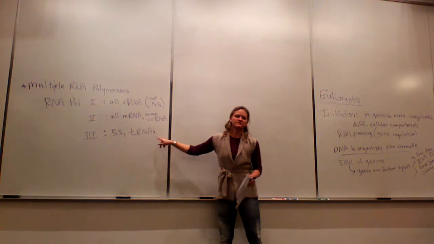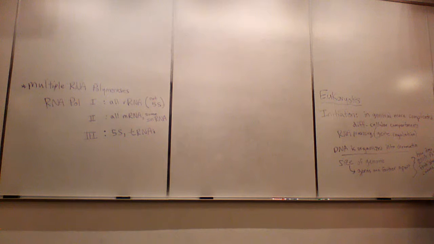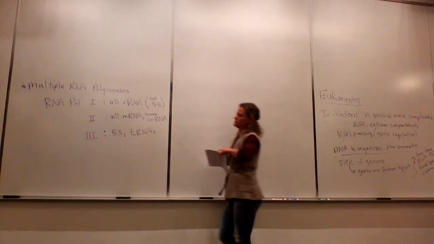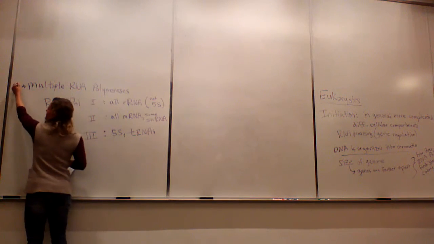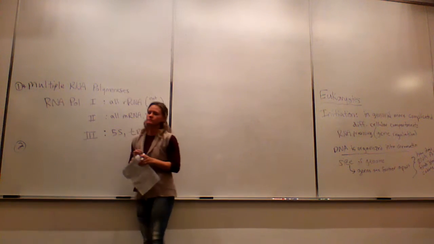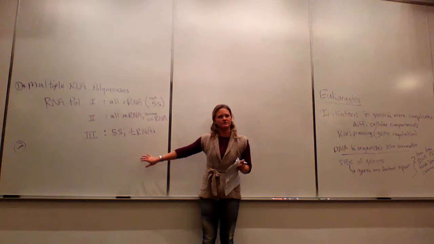Pol 3 does 5S and the tRNA. So one thing that eukaryotes have done to deal with this complexity is to evolve a bunch of RNA polymerases.